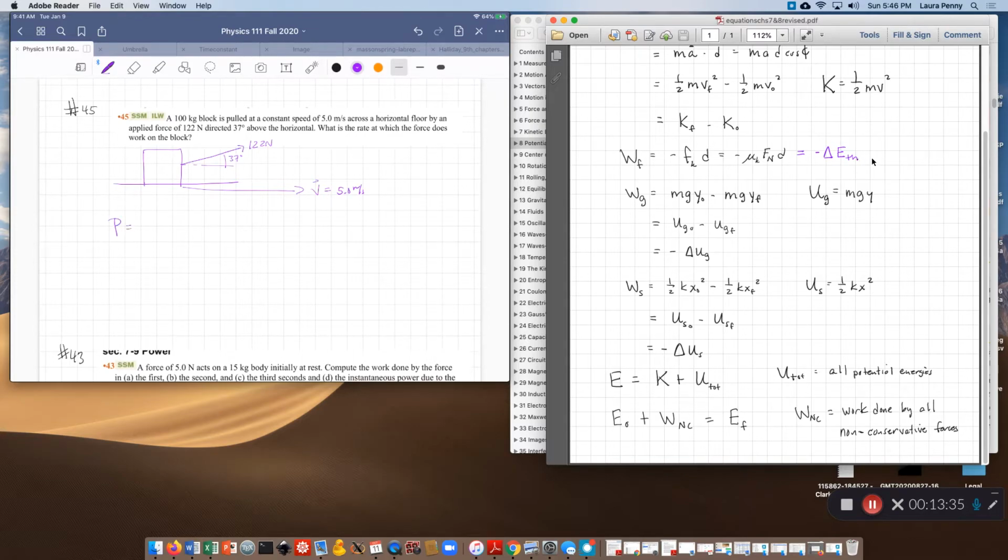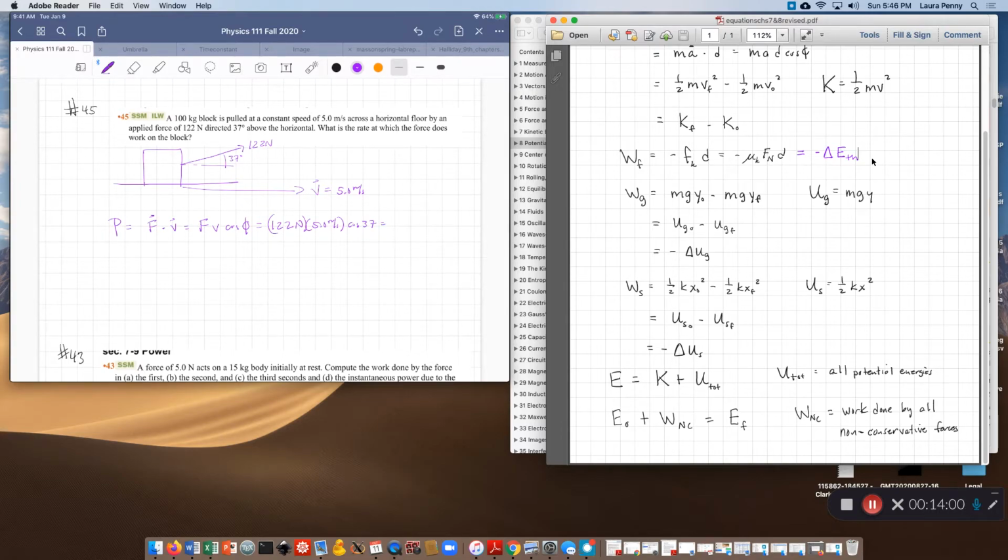This is just P. So P should be our force dotted with v, or the amount of the force times the amount of the velocity times the cosine of the angle between them. So it's 122 newtons, 5 meters per second, the cosine of 37.